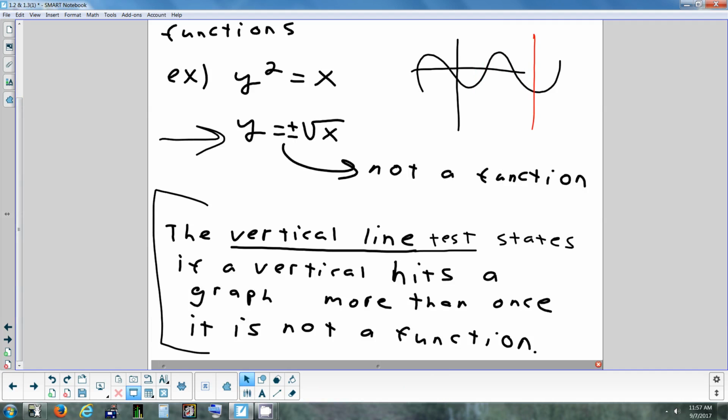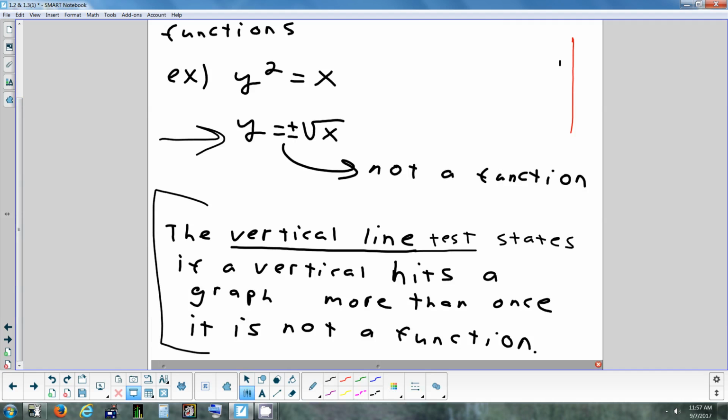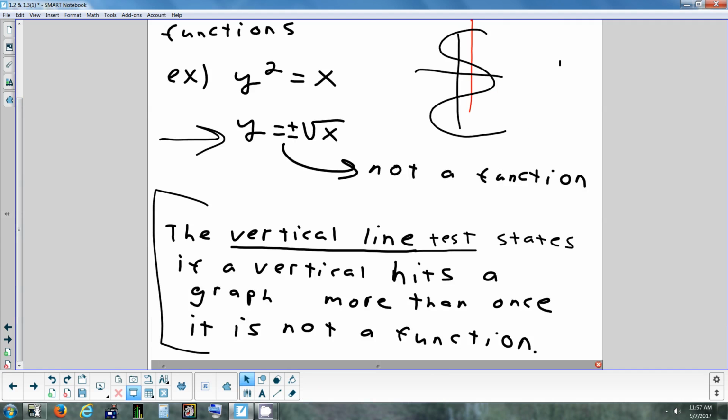No. No matter where I put it, it only hits the graph one time. How about if I did something like this? Flip that around a little bit. Not a function. Because a vertical line hits my graph more than once. Okay, that's the vertical line test.